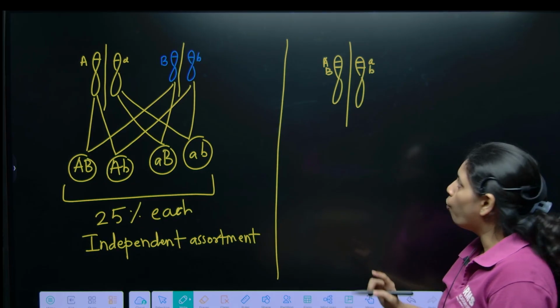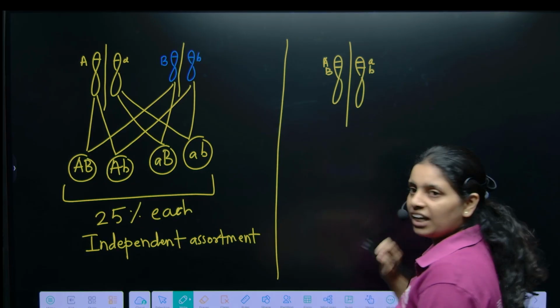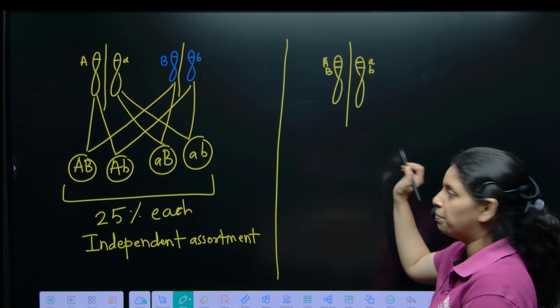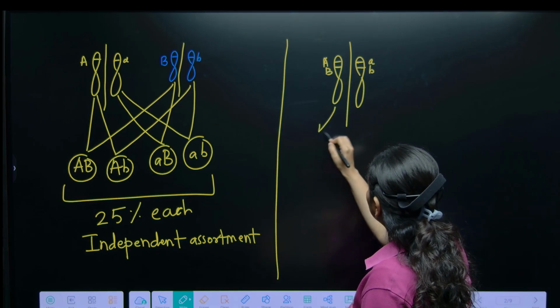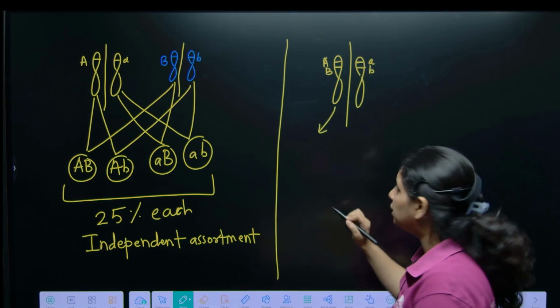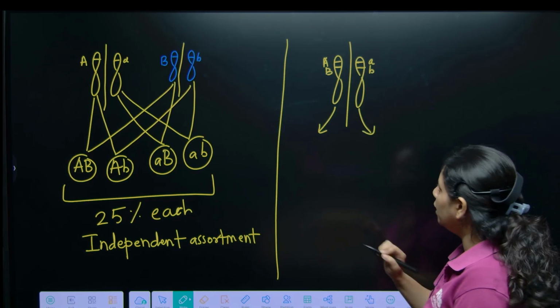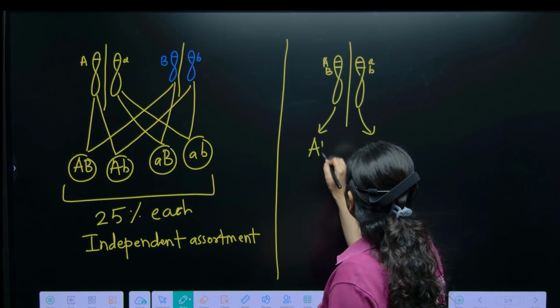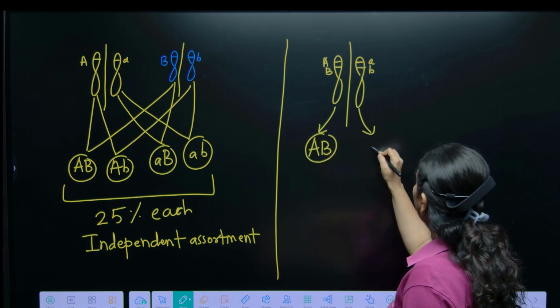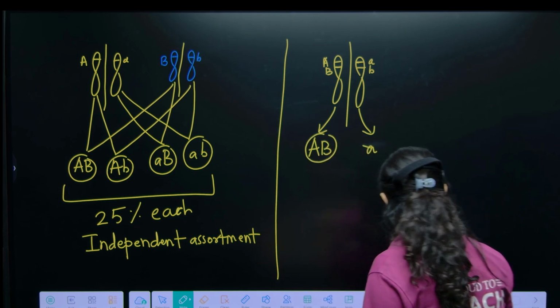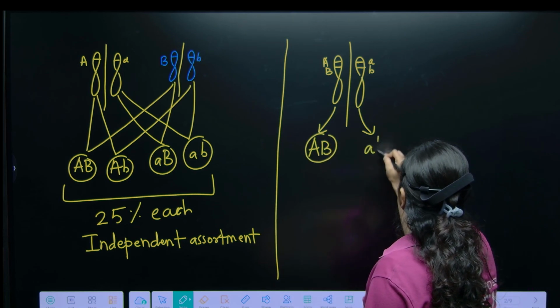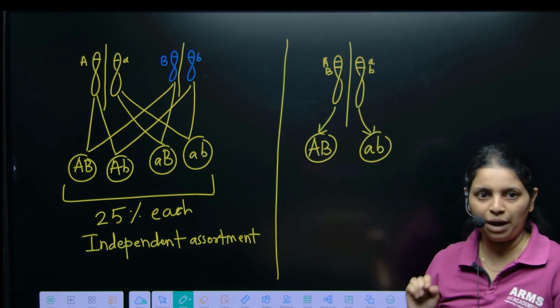Now, what about the segregation part of chromosomes, the gene pair? This chromosome will be in the 50% gamete and this chromosome will be in the remaining 50% gamete, right? So you have capital A, capital B type of gamete and small a, small b type of gamete, okay?